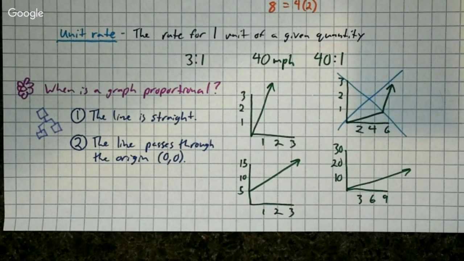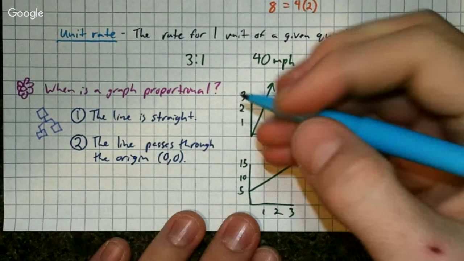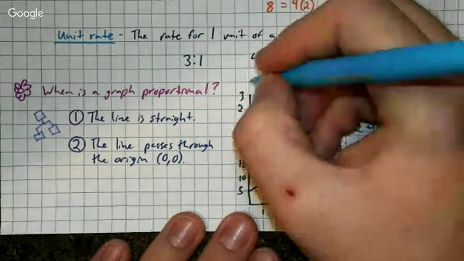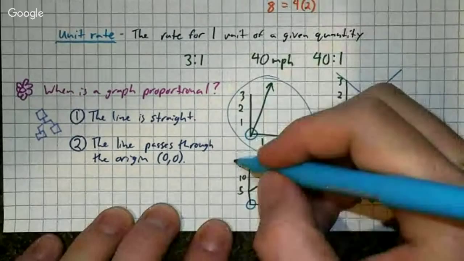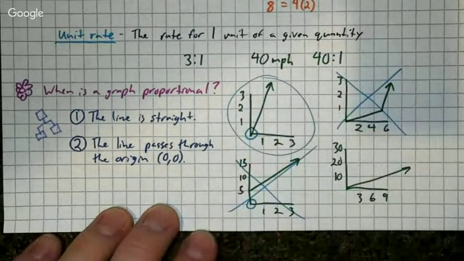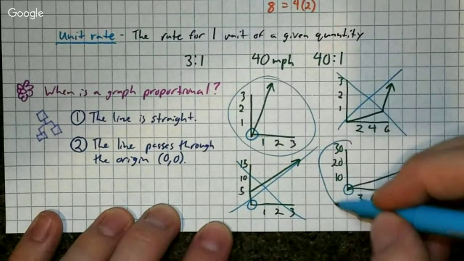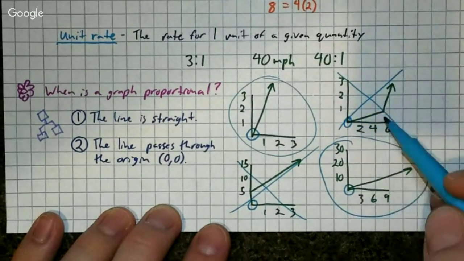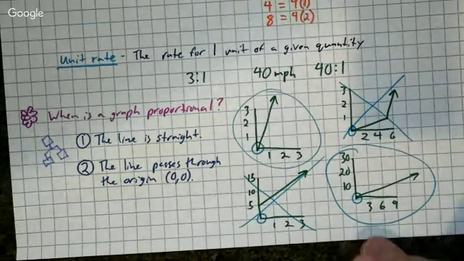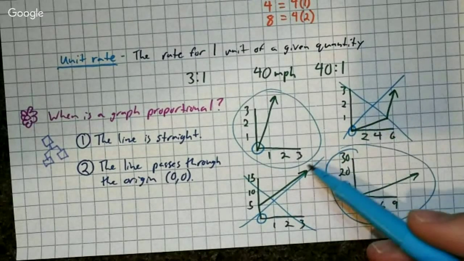Which of these three hit the second rule, that the line passes through the origin? The origin is right here, so this one is proportional. The origin is right here, meaning this one is not proportional. It does not cross the origin. The origin is right here. This one is proportional. This one does, but it still is not straight, so it's still not proportional. So these are proportional graphs. These are not.